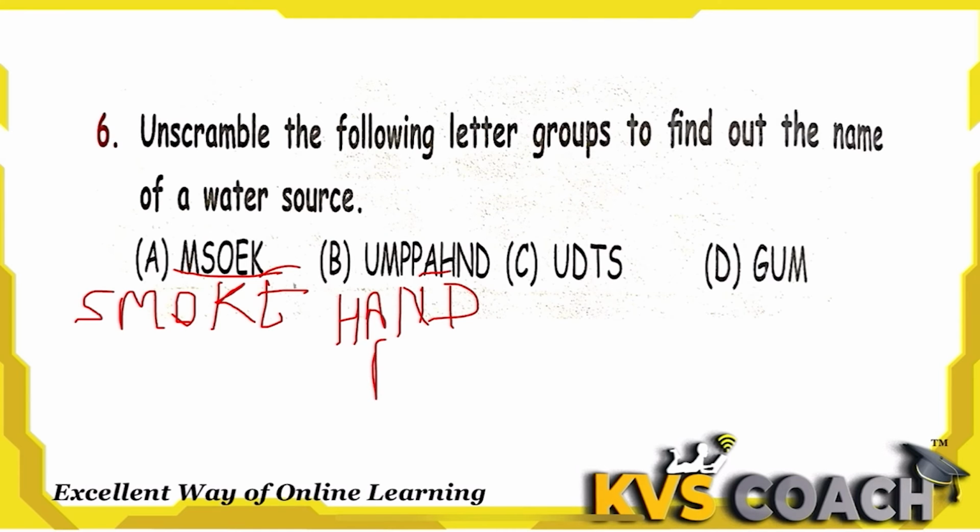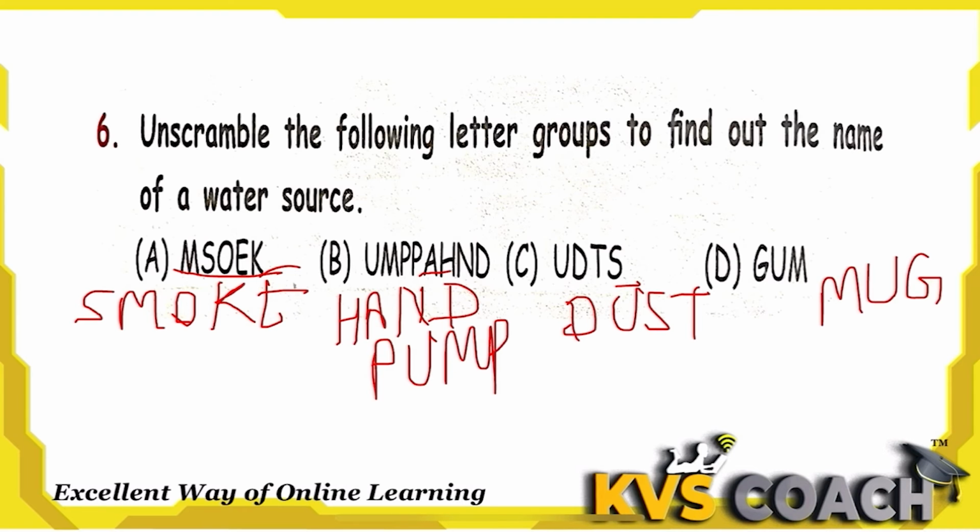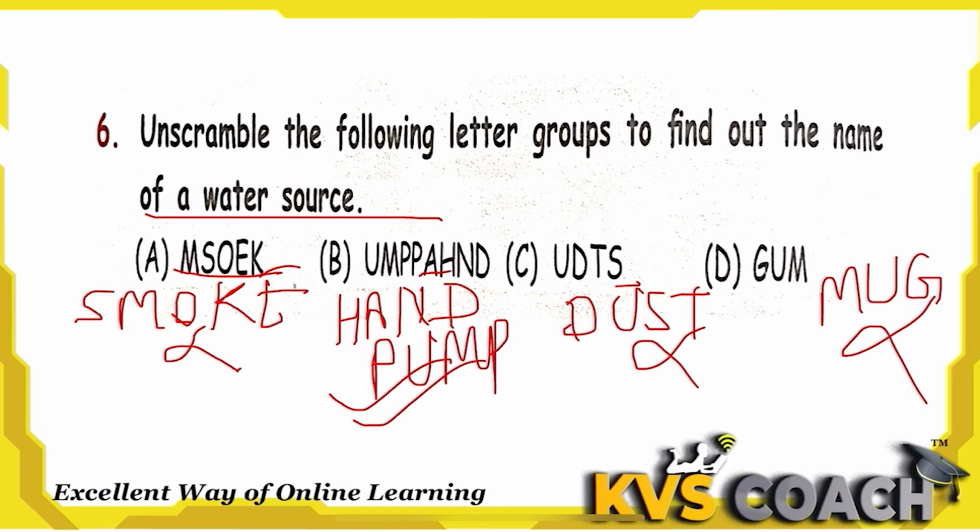Option C is dust, D-U-S-T, and option D is mug, M-U-G. Which of these is the name of a water source? Smoke is not a water source, hand pump is a source of water, dust is not a source of water, and mug is not a source of water. So option B is the right answer.